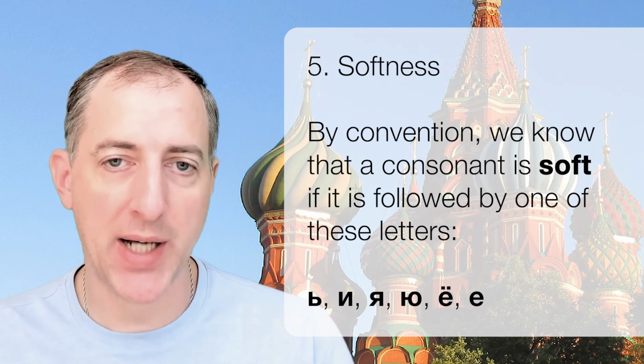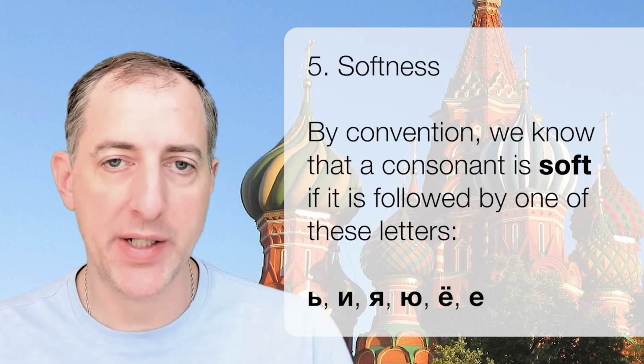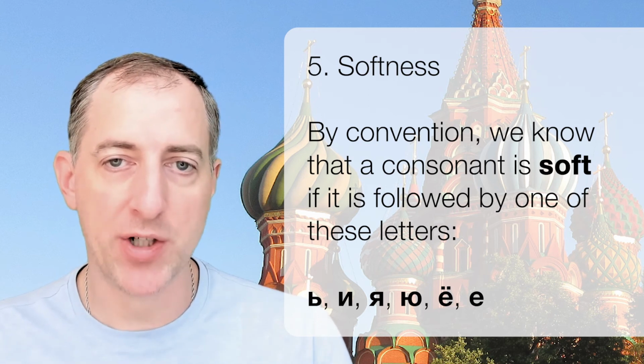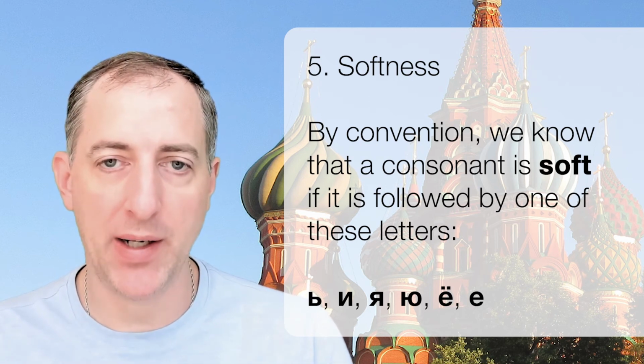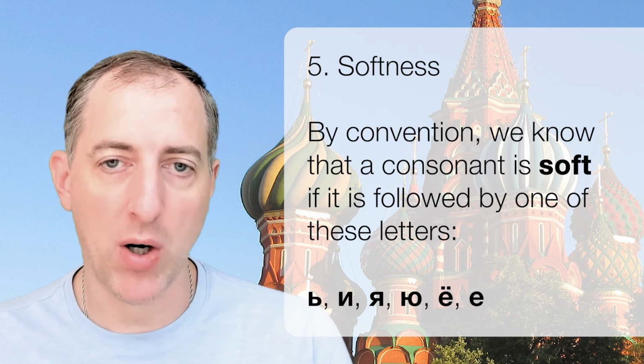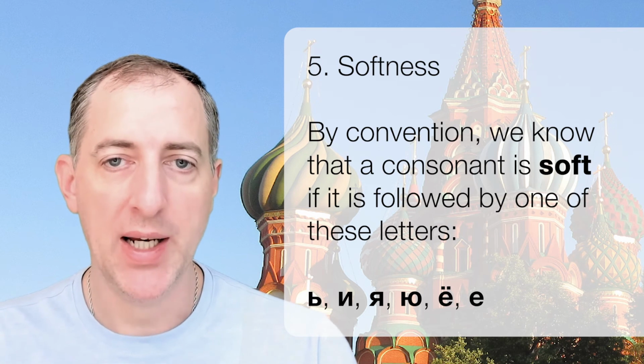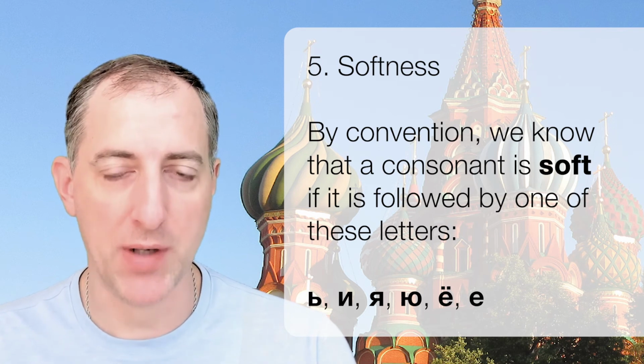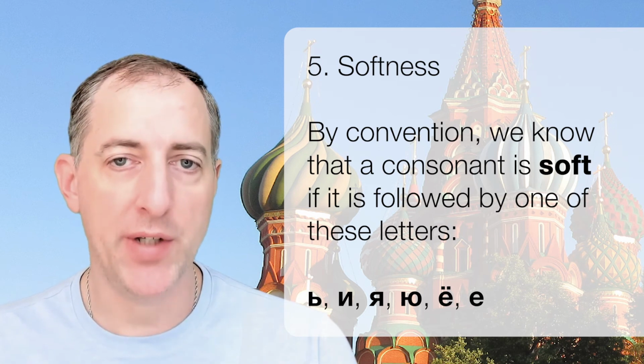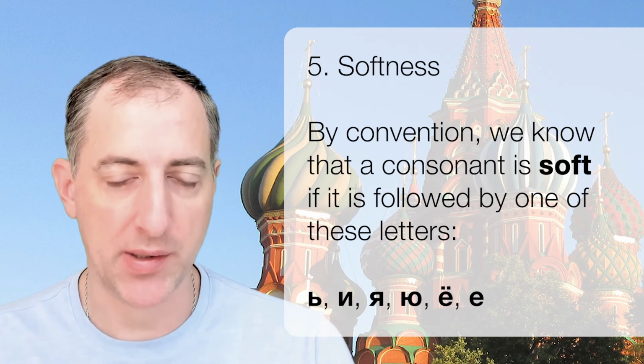That's a hard T, hard D. So when we're transitioning to Russian, it's not the hard consonants that are going to give us trouble. That's what we're used to. The issue is softening those hard consonants.